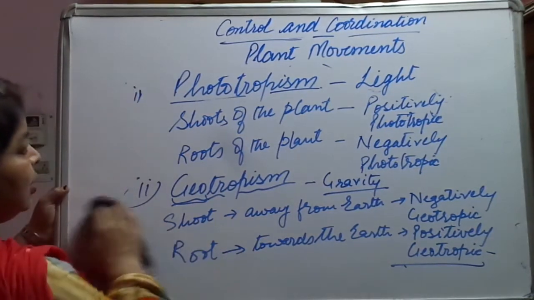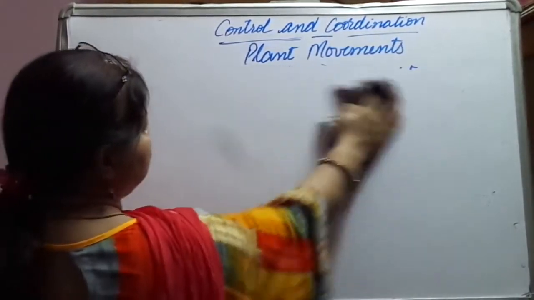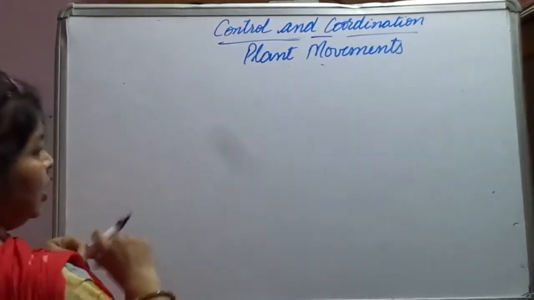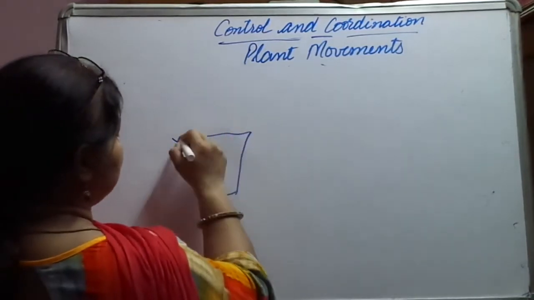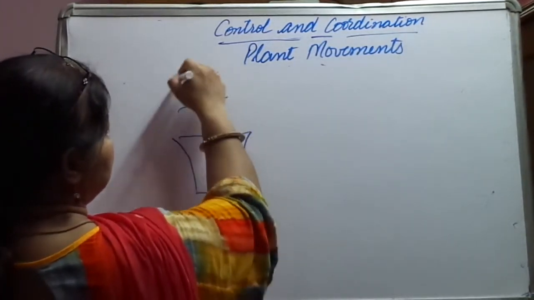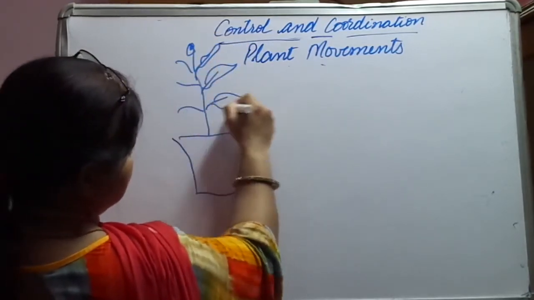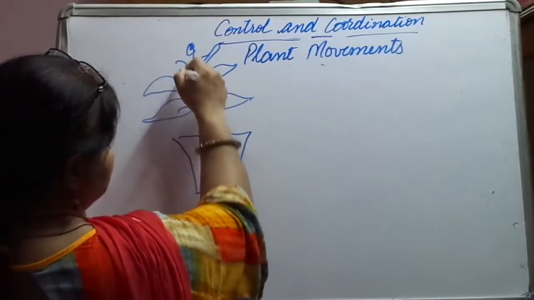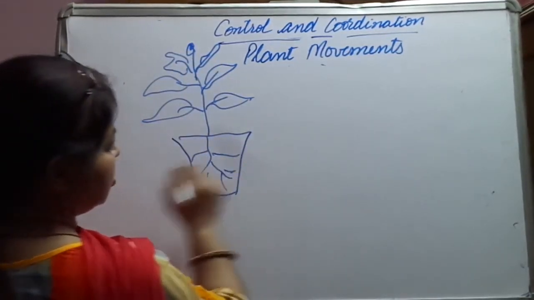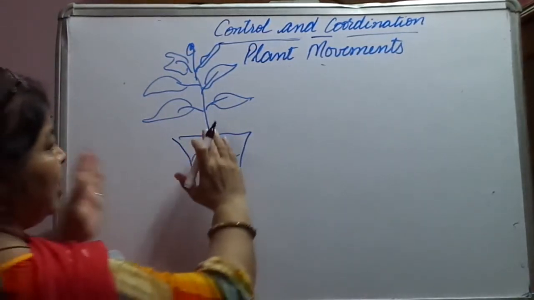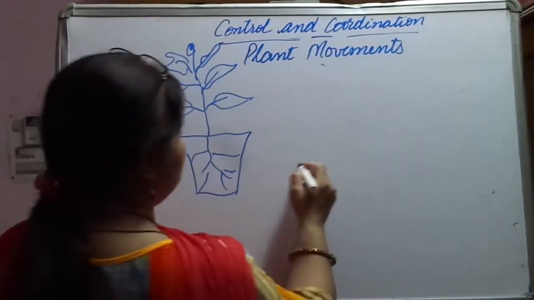So here is one activity also, like we discussed for phototropism. If we take a potted plant, it will show growth of the plant like this, and the roots are growing inside the soil. But if I tilt it, or lay it down in a horizontal position, then what will happen?